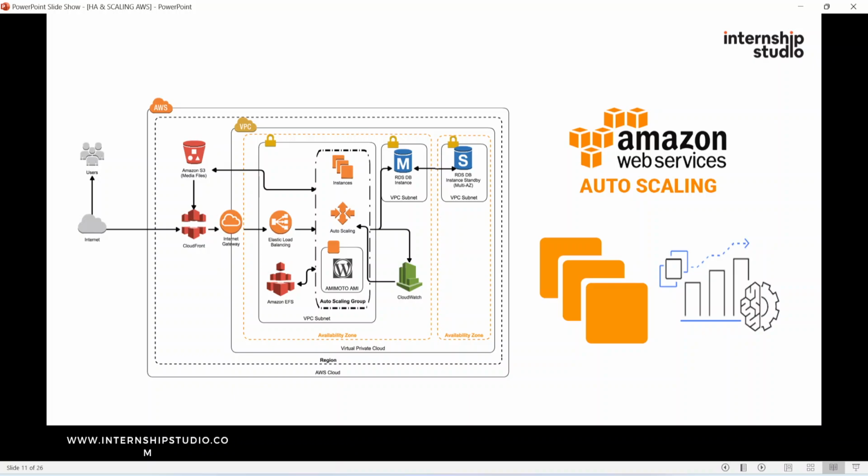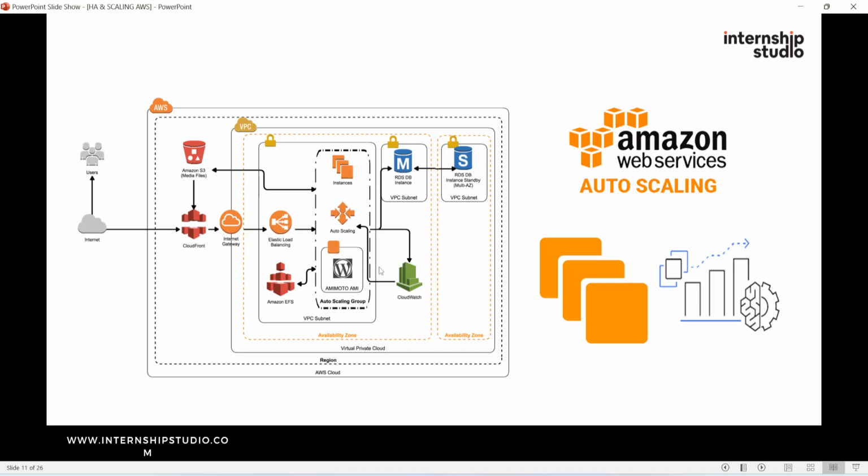So elastic load balancing, as we know, is already a global service by AWS, which also has the provisioning of auto scaling. Next we have the Amazon EFS, which is Elastic File System, and we have these auto scaling groups.